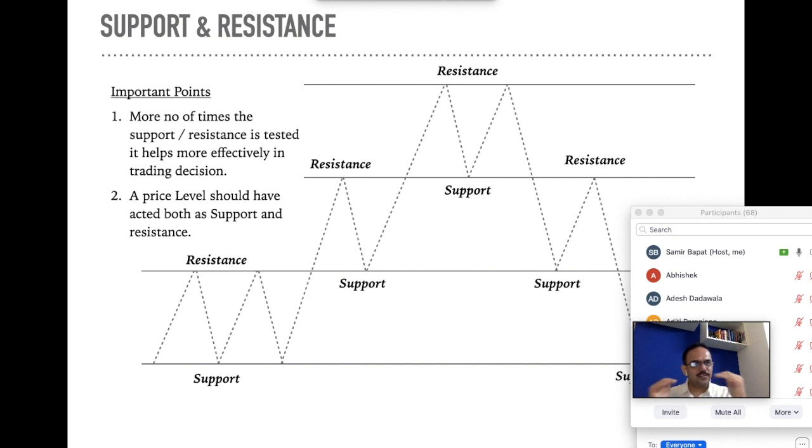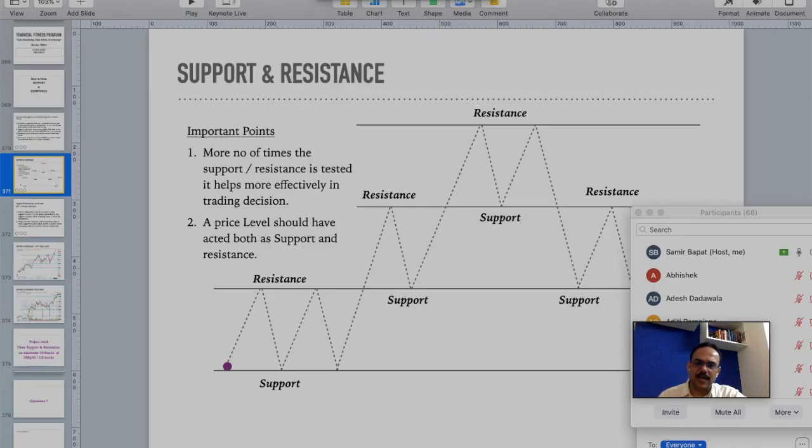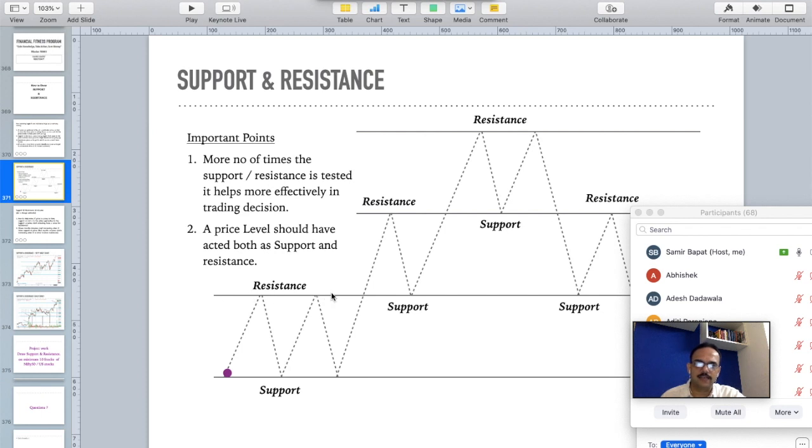When we are drawing these lines, the important point to keep in mind is, the more times the support or resistance is tested, the more effective it is. That means if you can see in this diagram, this level has been tested multiple times. So 1, 2, 3, 4.